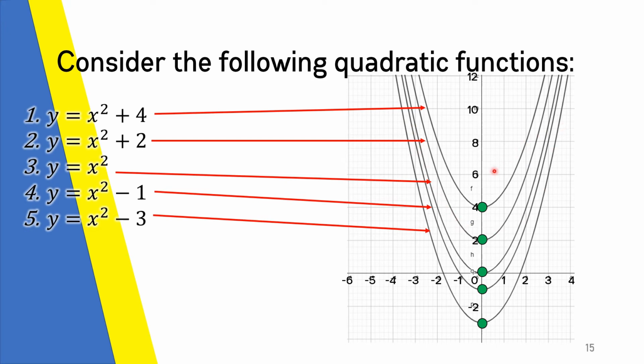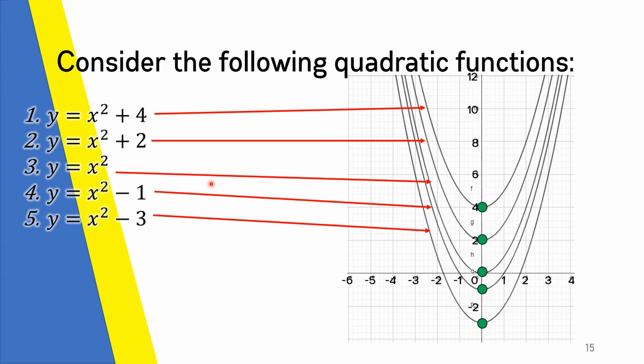It's just that the vertices of the graph are different. We're going to see 4, 2, nothing, so it goes with 0. We have negative 1, then negative 3.